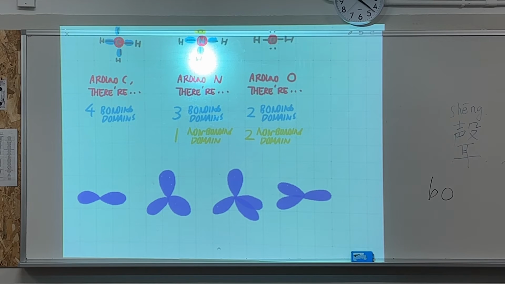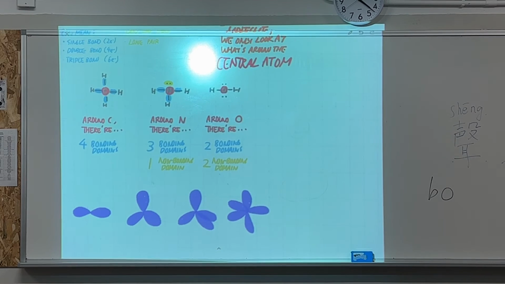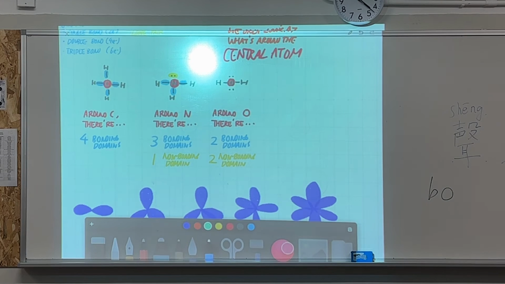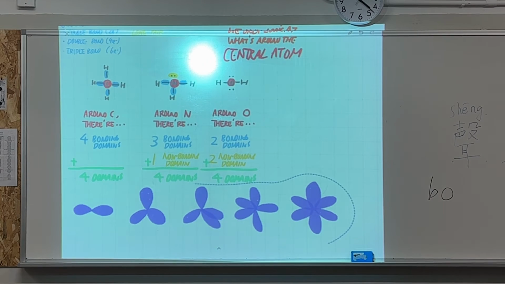5 will look like this. 6 will look like this. We already saw this on the previous page, right? This is how the domains will arrange themselves as the number of domains changes. So now you just have to put them back where they belong. So you see this gives 4 domains in total. The rest will also give you 4 domains in total. So therefore we will fill this in here.